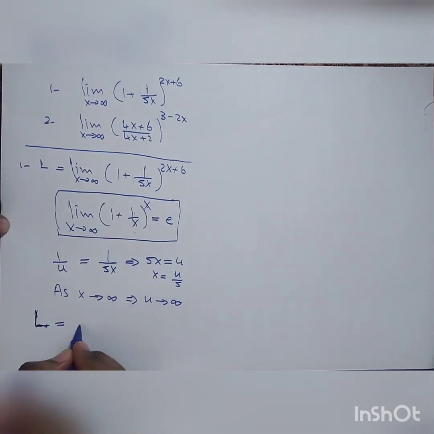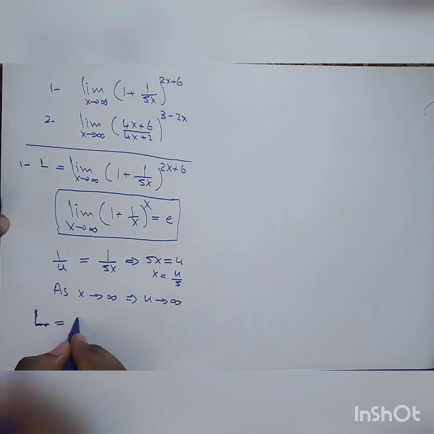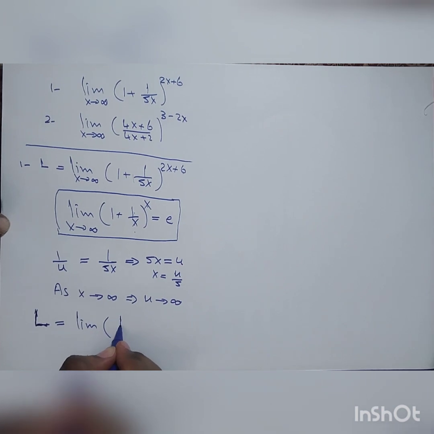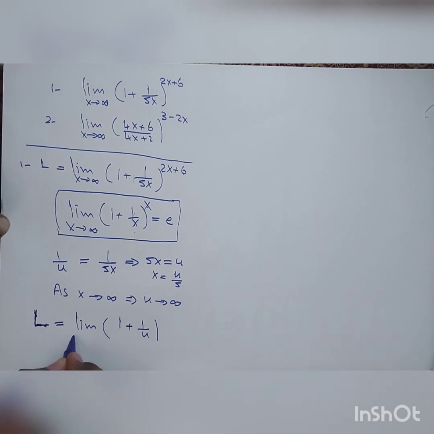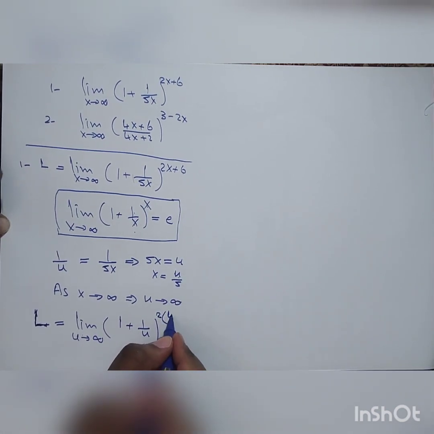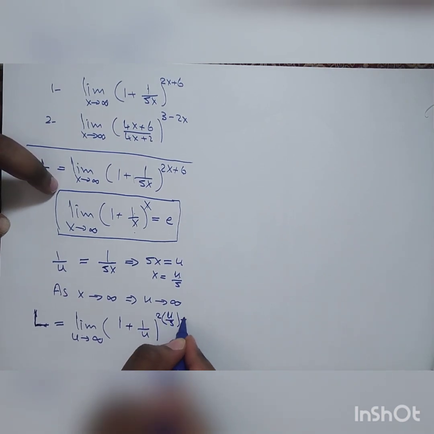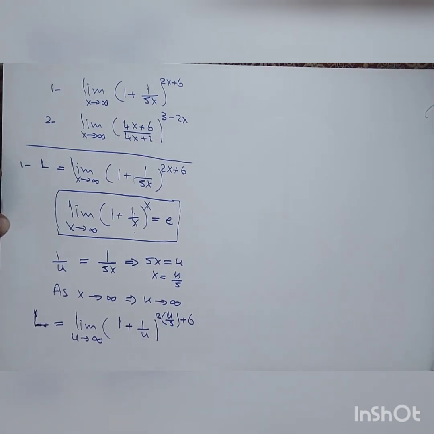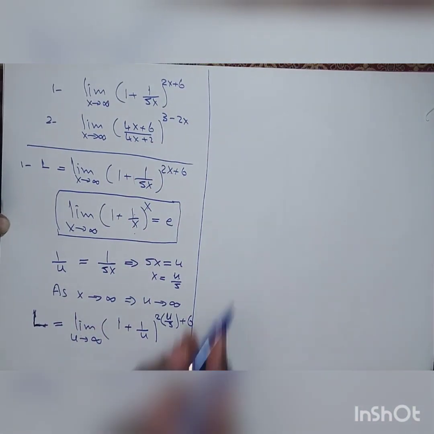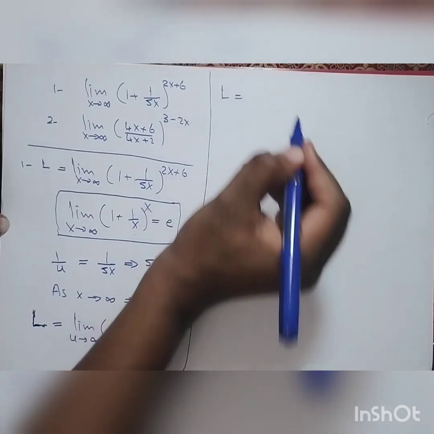If this limit is L, then we would have the limit of (1 + 1/u) as u approaches infinity, and then here we have 2x, that means we have 2 times x, and x is now u divided by 5, then plus 6. So now our limit would become as follows.